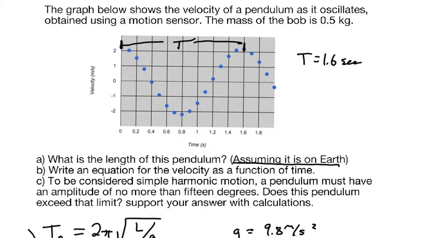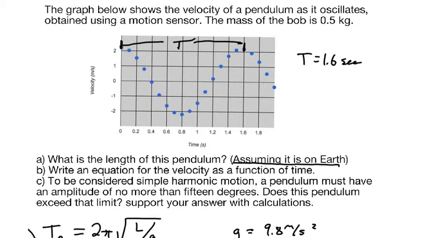Which basically means, are we at less than 15 degrees for our amplitude? To figure this out, we need to understand that when we're at that amplitude position, the pendulum in an Earth system is going to have a maximum value for gravitational potential energy and a 0 value for kinetic energy.